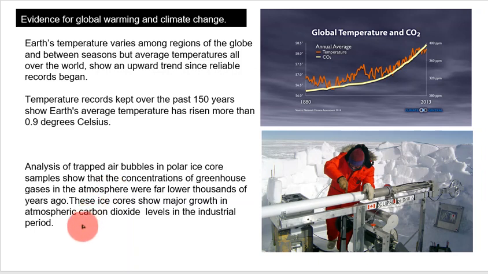These ice cores show major growth in atmospheric carbon dioxide levels in the industrial period as well. Humans learned how to take fossil fuels out of the earth, how to build the combustion engine, and how to burn fuel and produce CO2. That's great for industry, but it has an impact on the climate and on the environment as well.